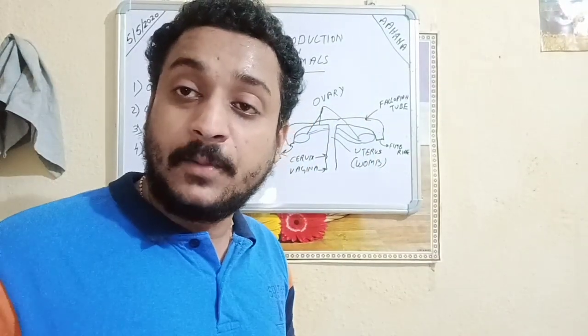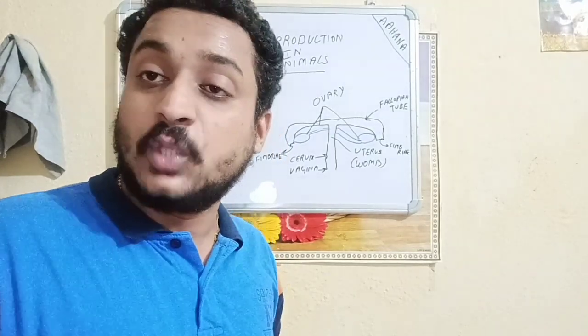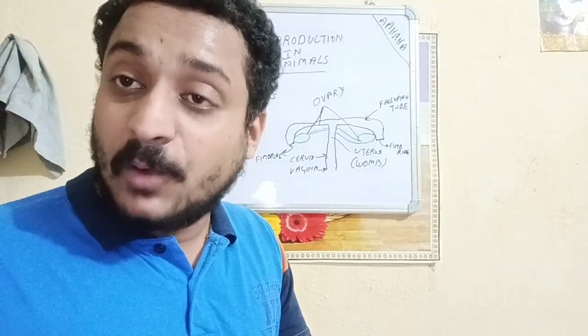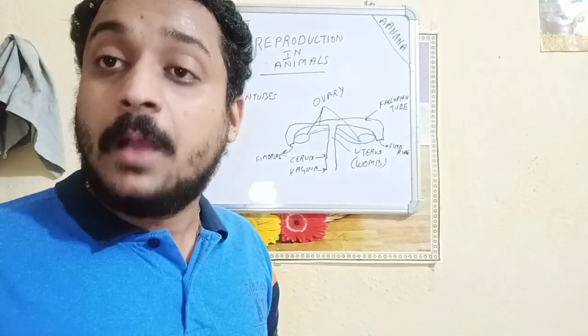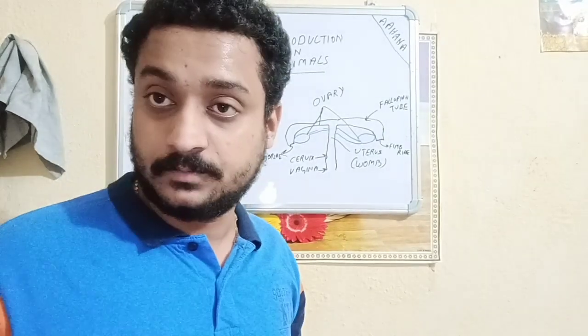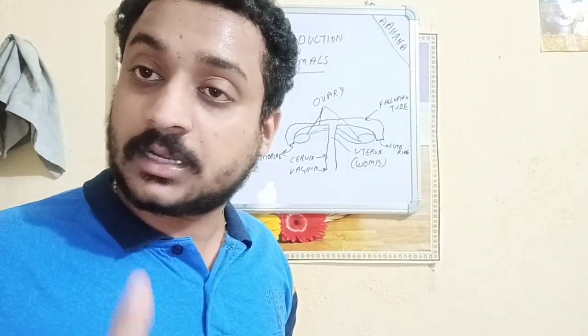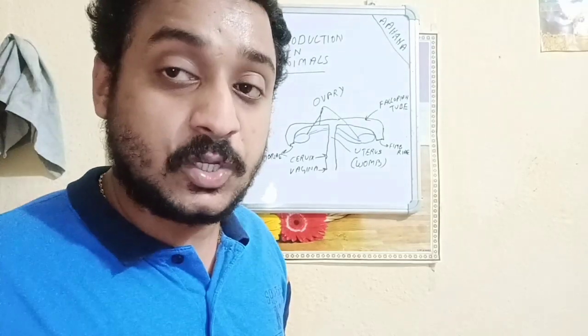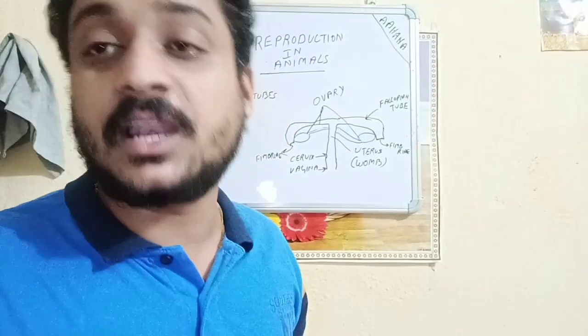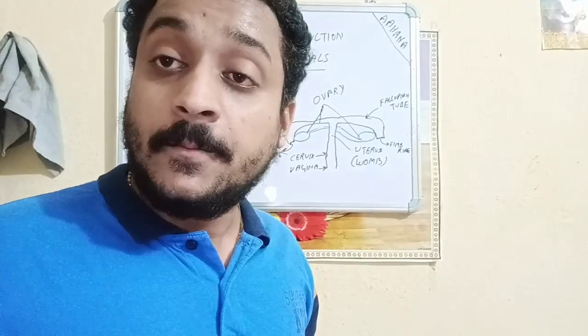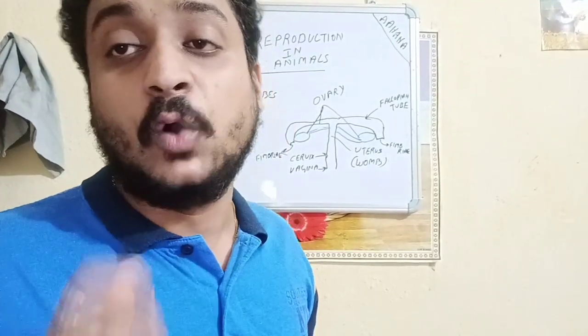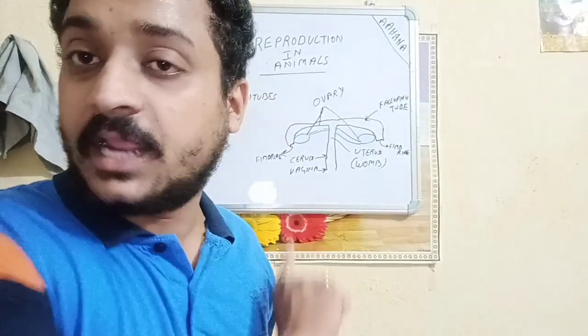We can say the fimbriae are the connecting medium between the ovary and the fallopian tube, and the fallopian tube itself is the connecting medium between the ovary and the uterus. Then only it can pass the egg.